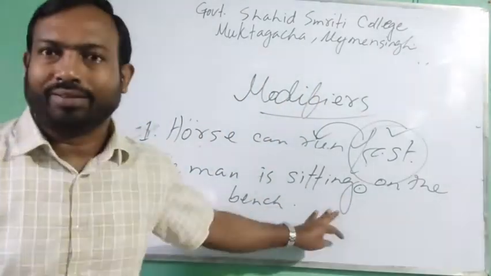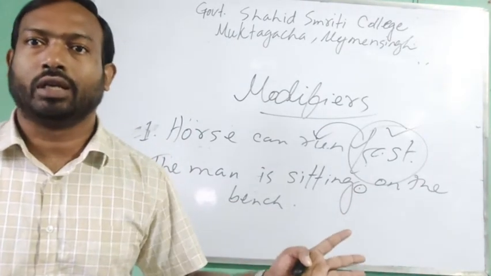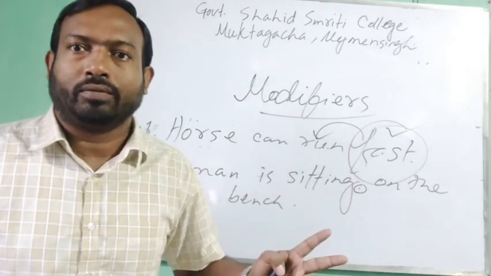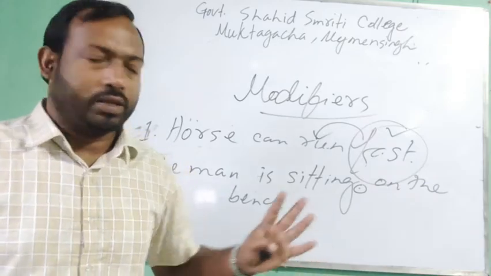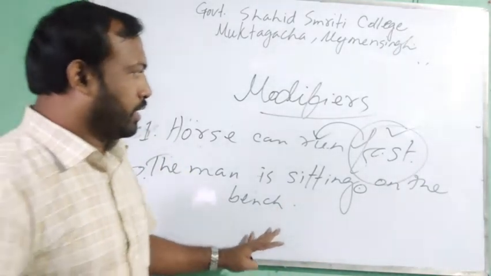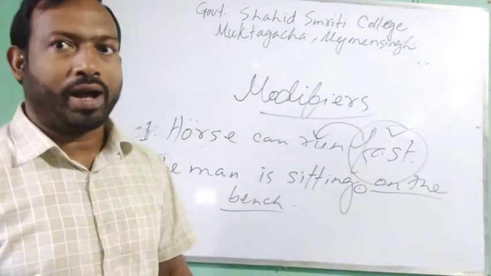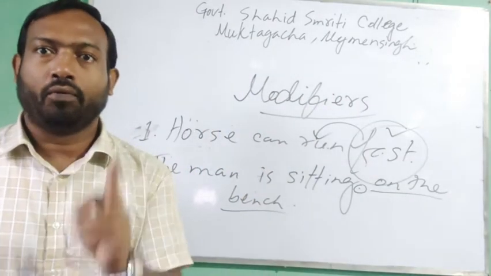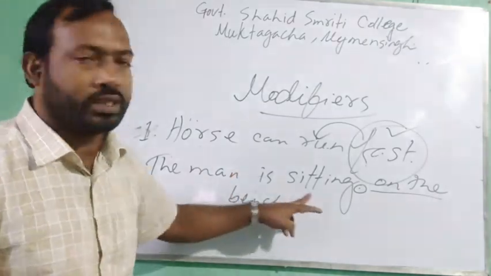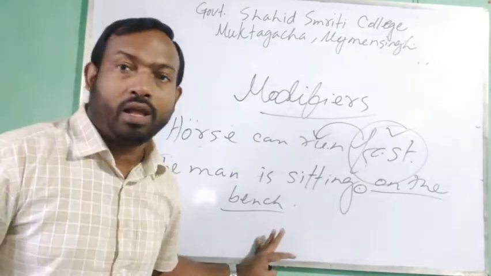The man is sitting, correct, but we don't know where he is sitting, how he is sitting, etc. So the answer we will find here is on the bench. We have asked the question of where is the man sitting? The man is sitting on the bench.